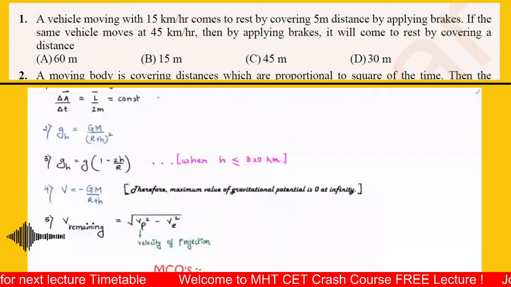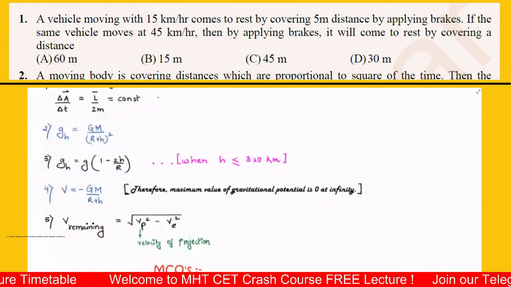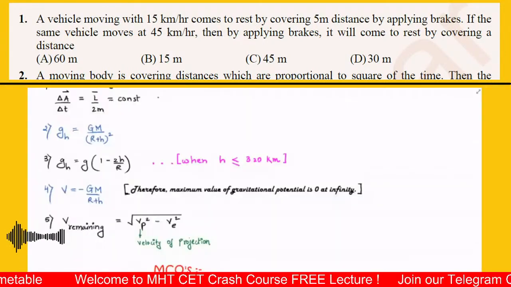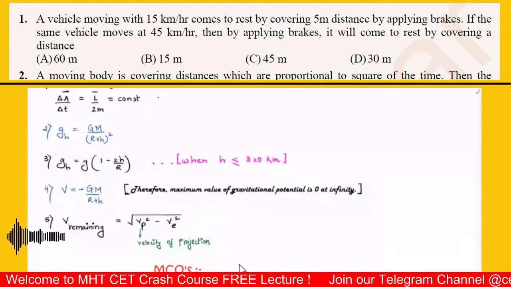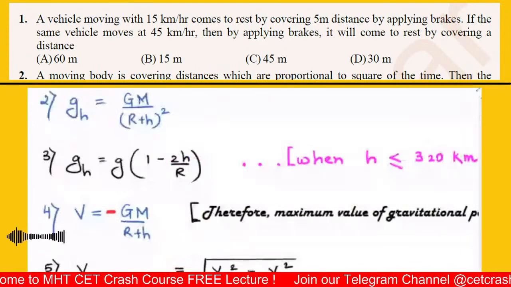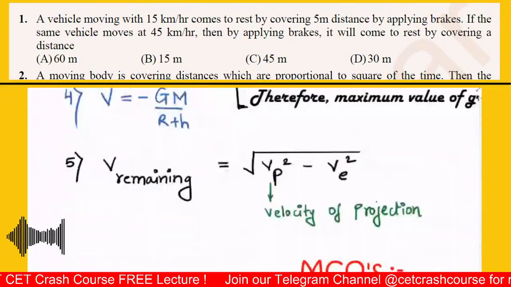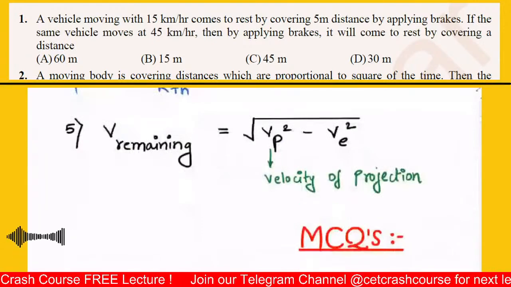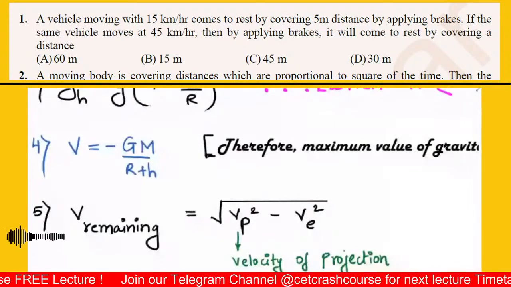So at all other places, the value of gravitational potential will go on reducing. Do you see a negative sign in the formula? So at all other places, gravitational potential will be negative, and only at infinity it will be 0.